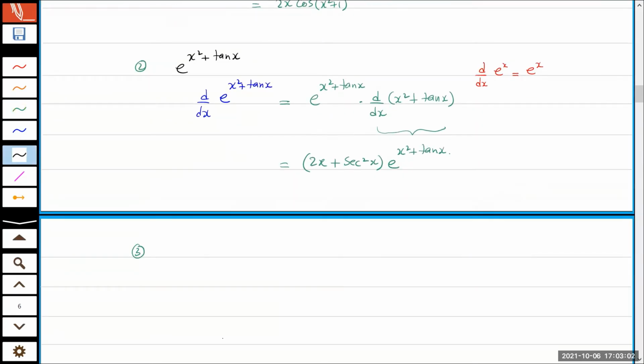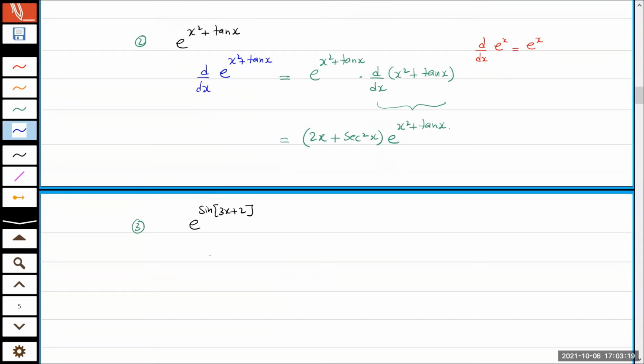Now suppose our function is e to the sine of 3x plus 2. Once again, I want to take the derivative of this. First thing that I see in the function is the exponential. I'm going to apply the rule that we had for exponentials. The derivative of e to the sine of 3x plus 2: as a first step, it is e to the sine of 3x plus 2, with the sine in the exponent of the exponential.